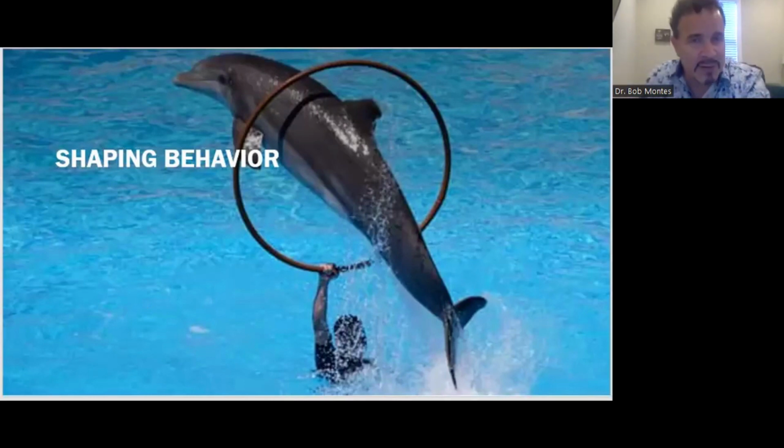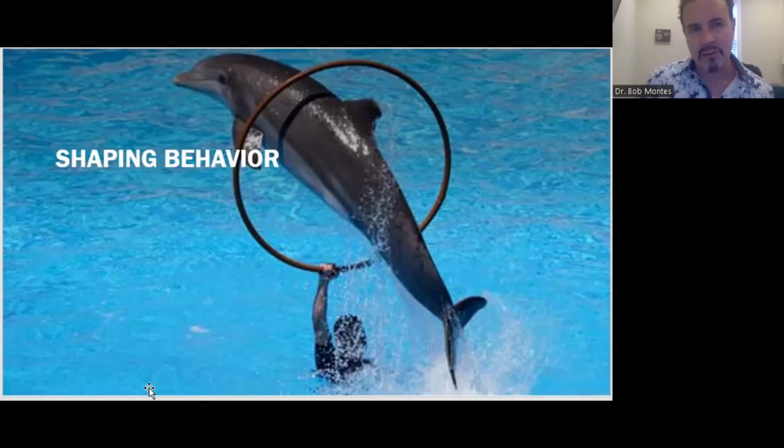So imagine that we're teaching this dolphin how to jump through a hoop. We first start by lowering the threshold that's needed for them to get a reward. So when the hoop is in the water at the beginning, the dolphin will swim through and receive a fish. But little by little, the hoop is raised higher and higher in the water, and the dolphin is now able to jump through the hoop to receive its reward of fish.